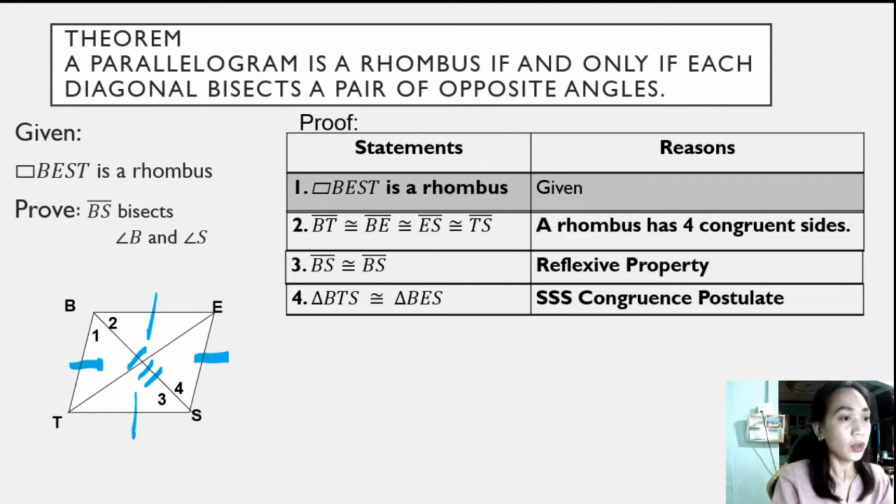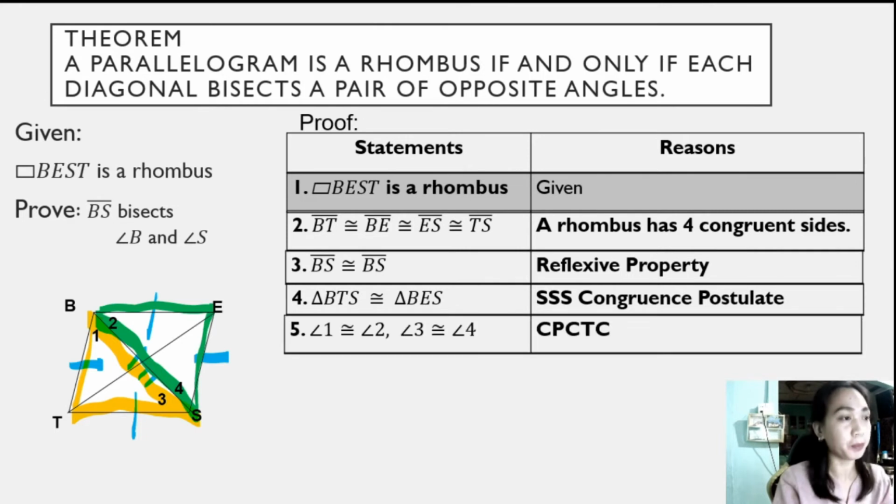Next, therefore you can say that you have the triangle BTS. This triangle is congruent to the triangle BES. Okay? Reason, you have the side congruence postulate, or the SSS.